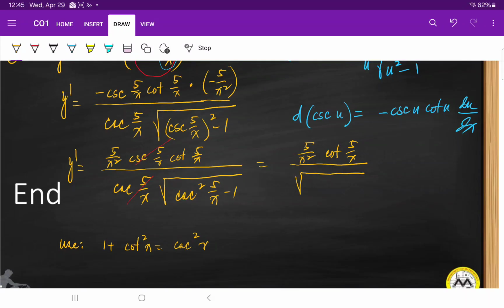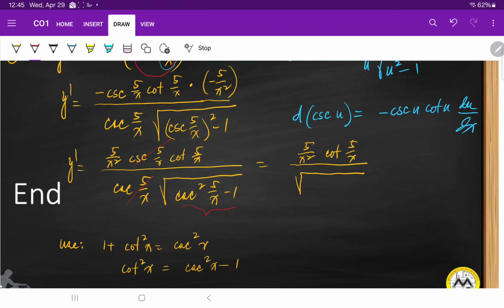So, if we write this as cosecant square x minus 1, that becomes cotangent square x. So, it means that this is equal to cotangent square x.